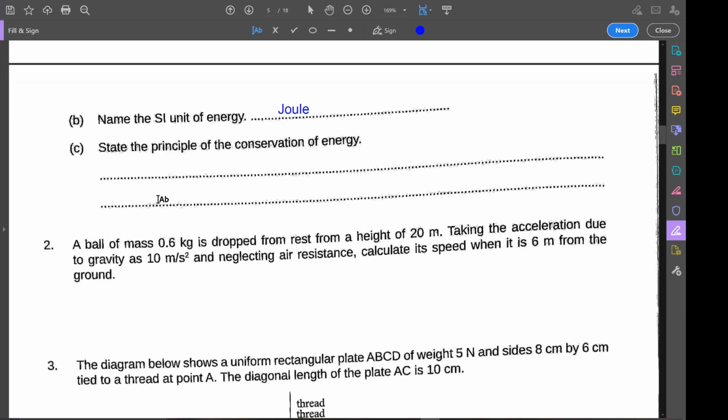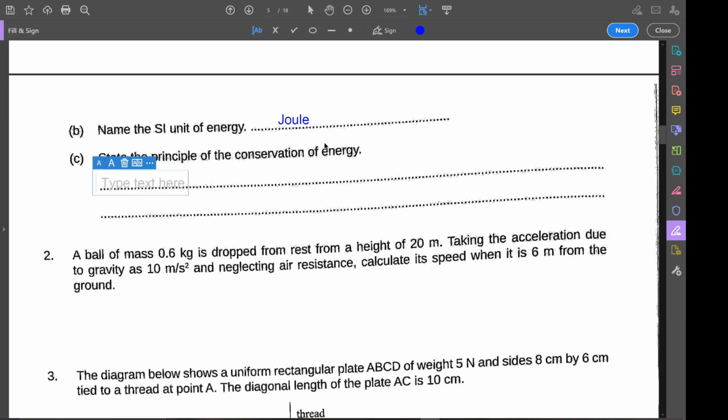This one is long. Energy cannot be created or destroyed. Energy can only be transformed from one form to another.